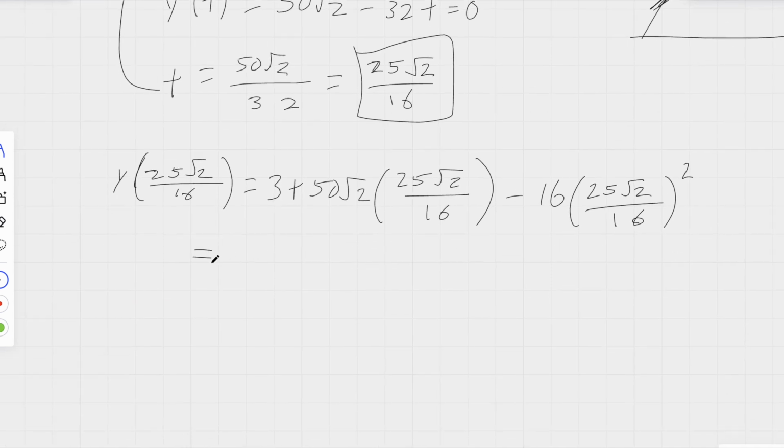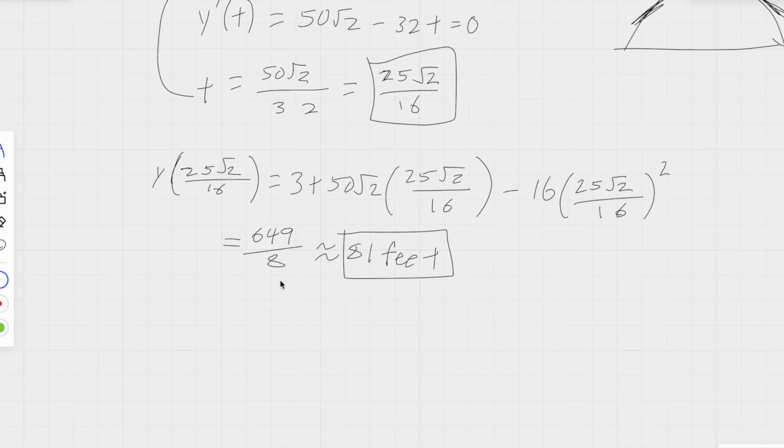If you calculate all that, you will get 649 over 8, which is around 81 feet. So the baseball reaches a maximum height of about 81 feet.